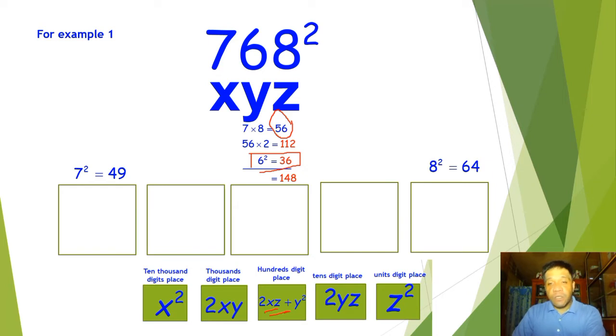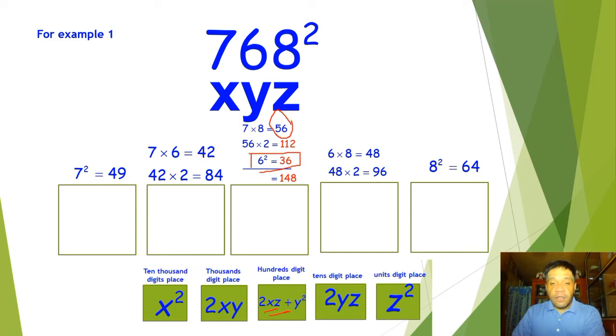Then in the units place, we have 8 squared, so we have 64. Then followed by the thousands, meaning 2xy, twice the product of the hundreds and the tens place values. So we have 7 times 6 is 42. Then twice of 42 is 84.